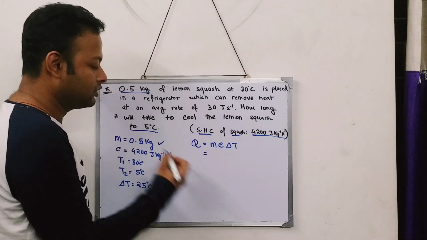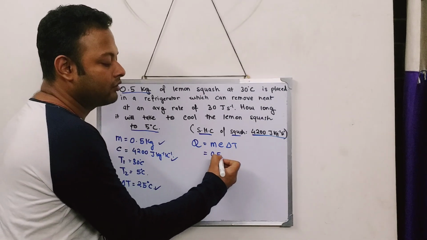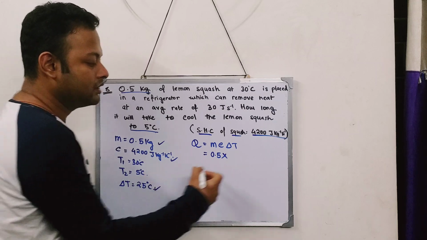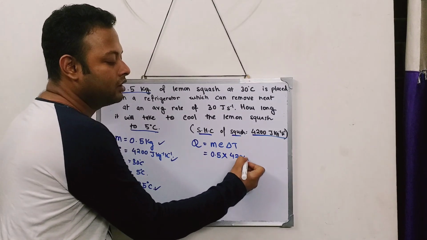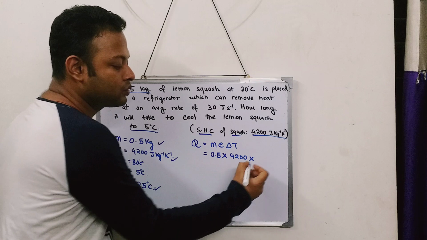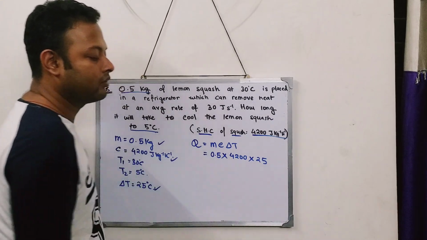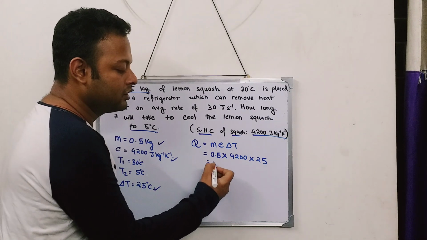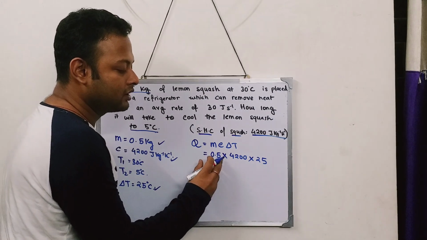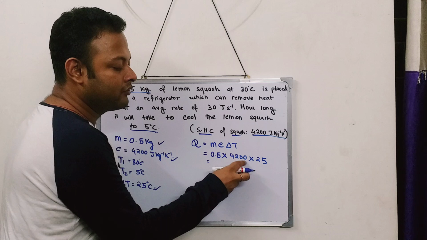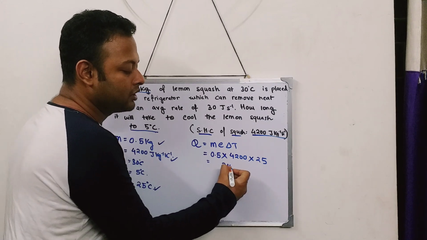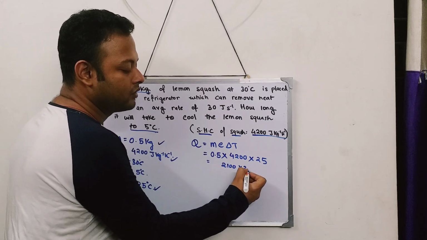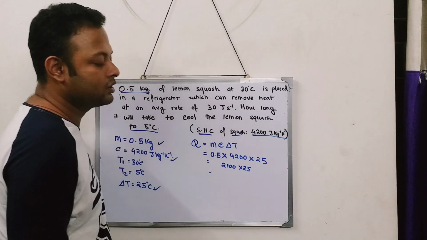So put the values. This becomes 0.5, specific heat capacity given as 4,200, and delta T is 25. When you multiply 0.5 by 4200, you get 2100, into 25. Now how much is 2100 into 25?